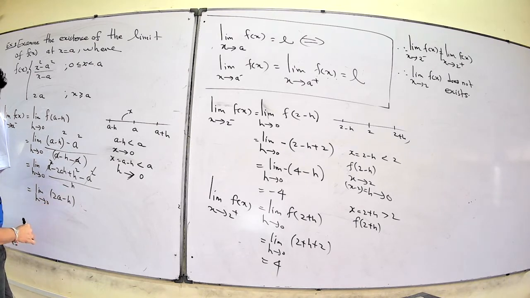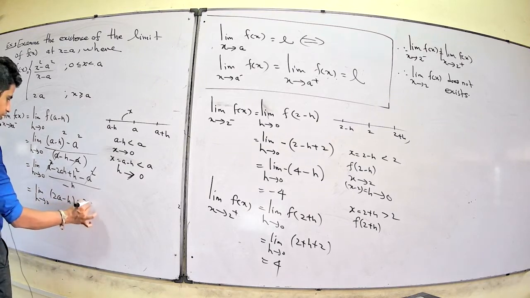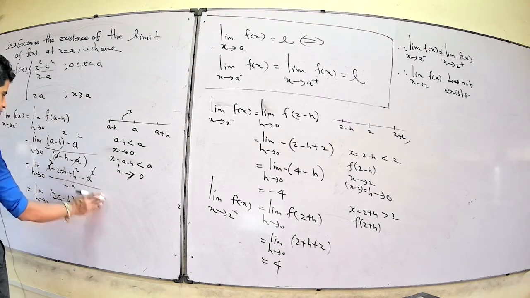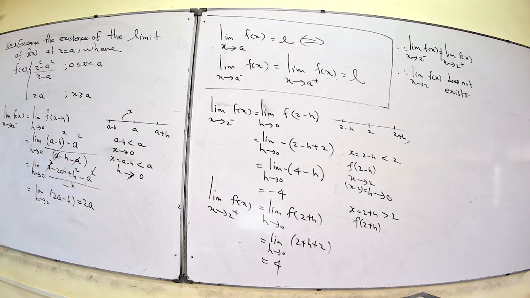As h tends to 0, it is 2a. So the left limit is 2a.